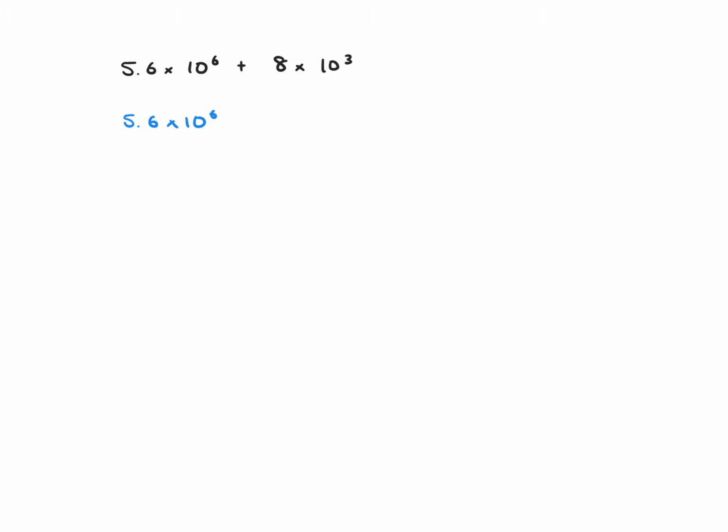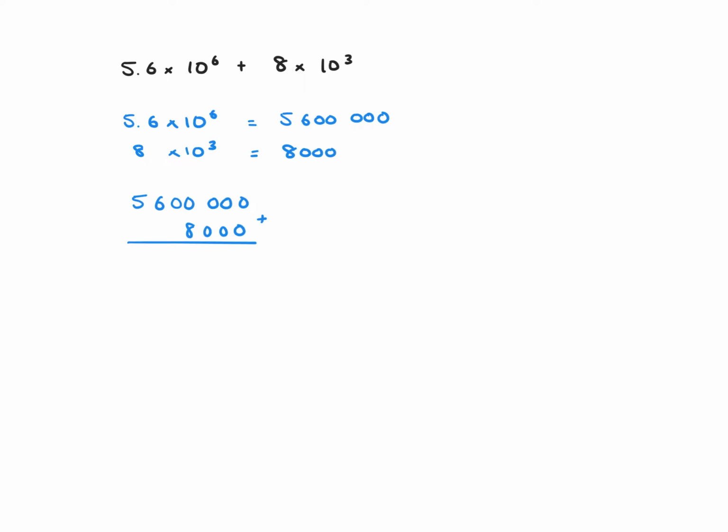In other words, to move the digits in the number 5.6 to the left 6 times. And so when we do, we see that 5.6 times 10 to the power of 6 is the same as 5,600,000. Let's repeat this process with the number 8 times 10 cubed. This time we're going to multiply 8 by 10 3 times, essentially moving the digits to the left 3 spaces. And that gives us 8,000.